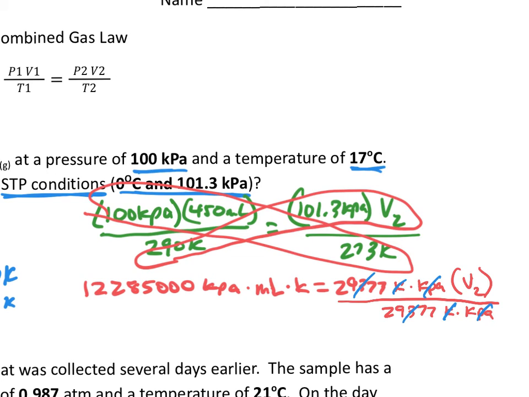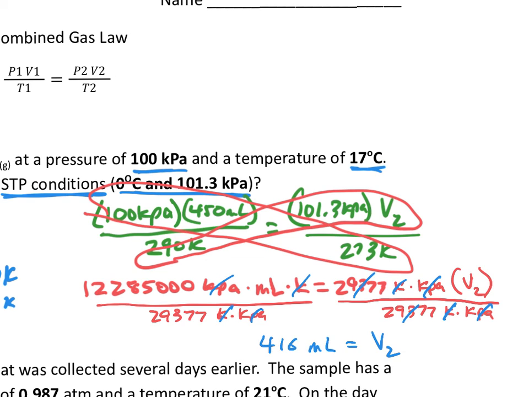So if I divide by that same thing on the left-hand side, K times kPa, take a look at my canceling. So my K's are going to cancel. My kPa will cancel. So there's my answer, milliliters. And I've canceled the 29,377 on the right, so all I have left is our V2. So we solved for V2. The calculation, I believe, gives us an answer of 418.